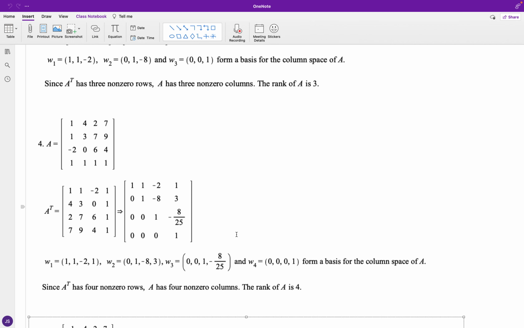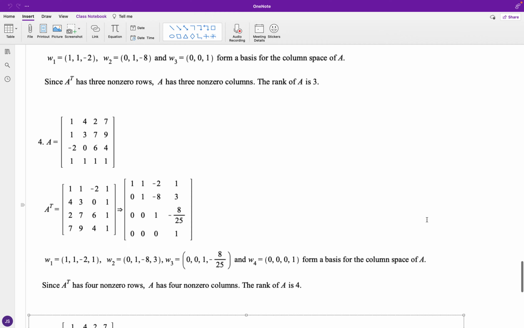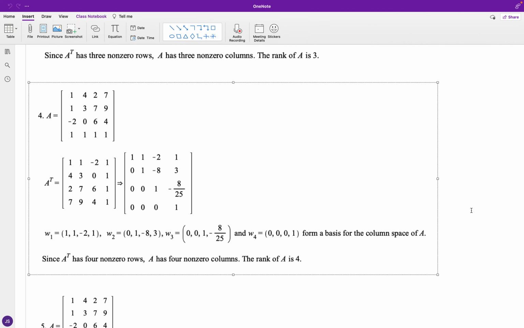So all four rows will be non-zero, and the respective vectors W1, W2, W3, and W4 will form a basis for the column space of A. And since the transpose has four non-zero rows, A is going to have four non-zero columns, and the rank of this matrix is, for this reason, once again 4.